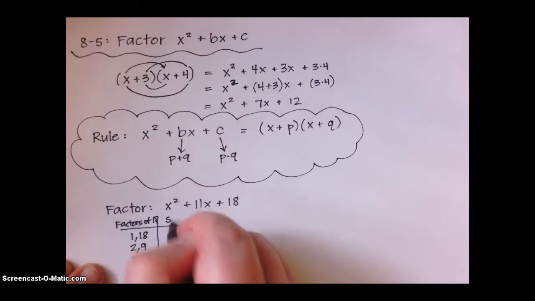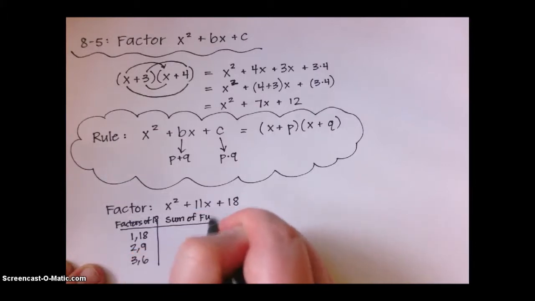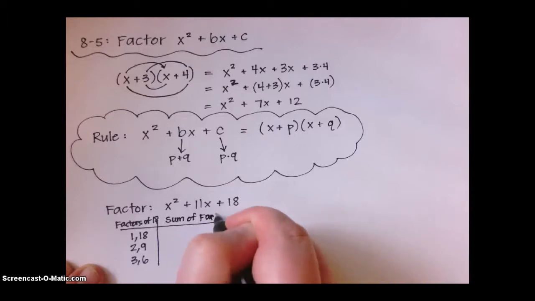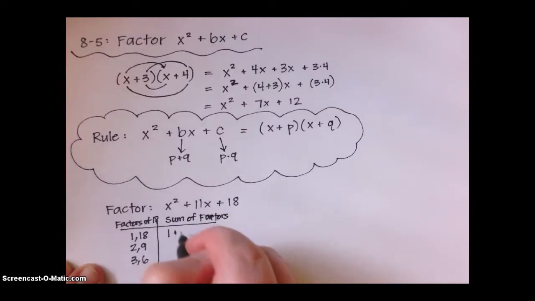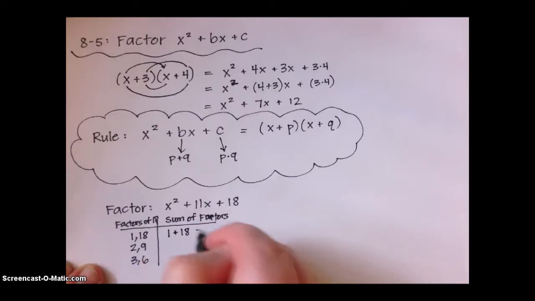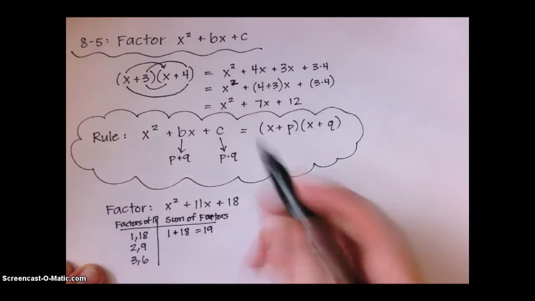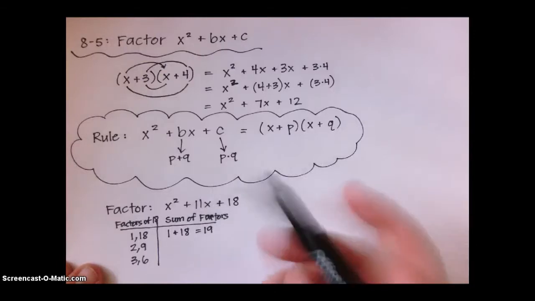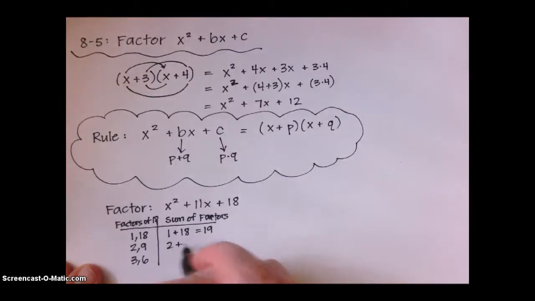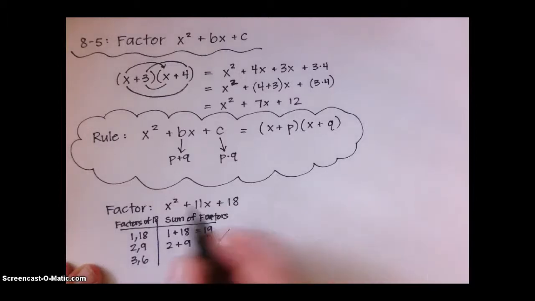Well, then after that, I'm going to look for the sum of those factors. Okay, so that means I'm going to look for, what is 1 plus 18? Oh, that's equal to 19. And is that what I have in the middle? Nope, I want to look for 11 as their sum. How about 2 plus 9? 2 plus 9? Yep, that is 11. And we could just go one step further. 3 plus 6, that equals 9.